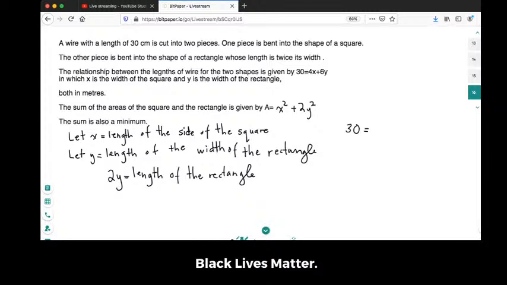Oh, what I mean to say is that we can break this down like this. 4x plus 2 times 2y plus 2 times y. So that's the same thing as saying 30 equals 6x plus, oh, sorry, 4x. Just write that again.